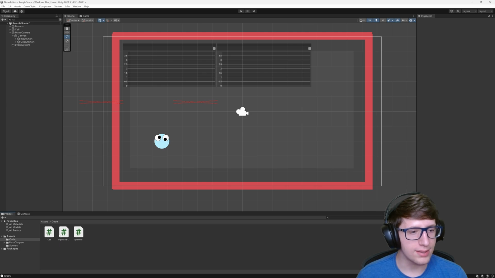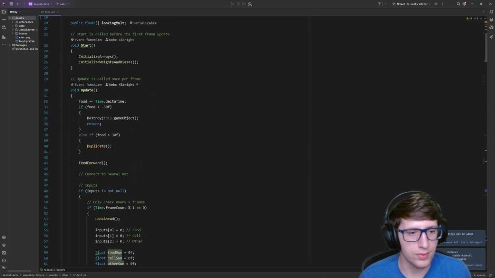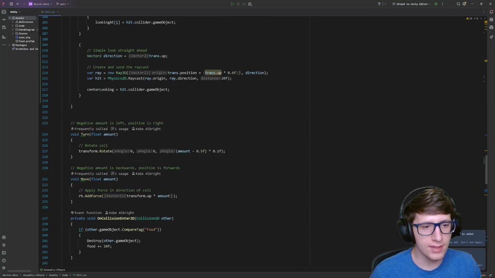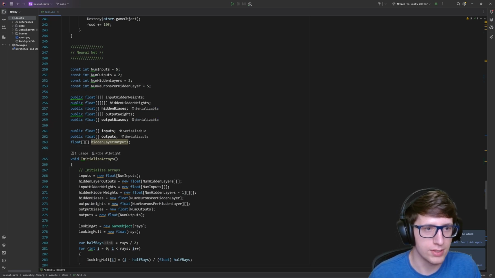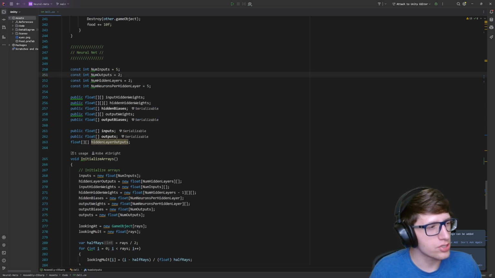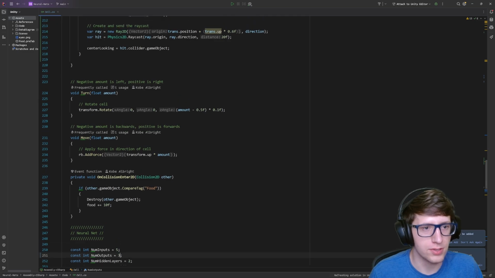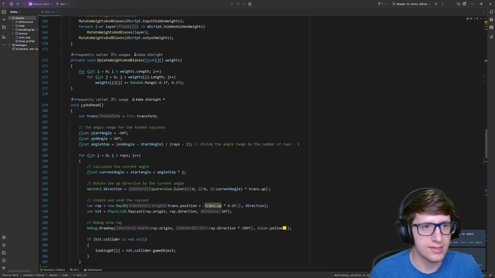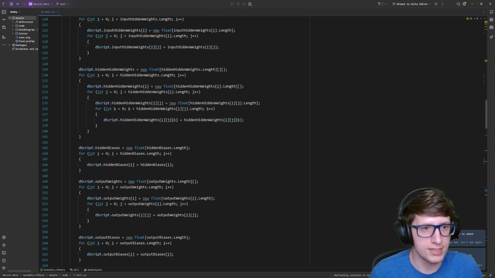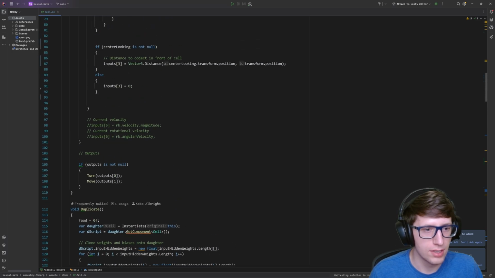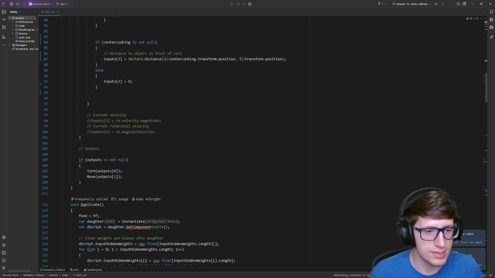Let's do one last iteration of this where we add another output. Actually, let's do something fun. Let's make it 3 outputs, and right now, the cells can only move forward by different amounts. But why don't we do something different?